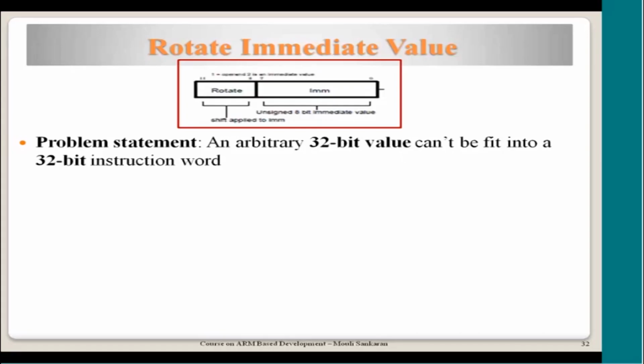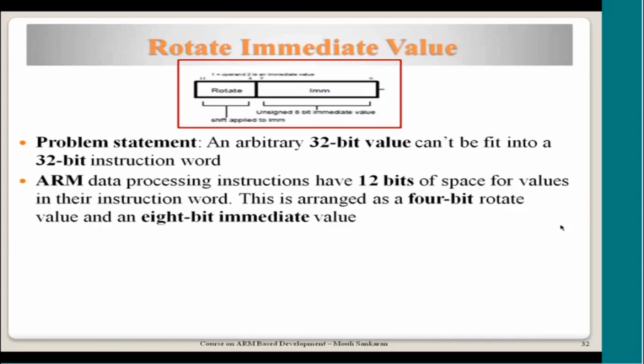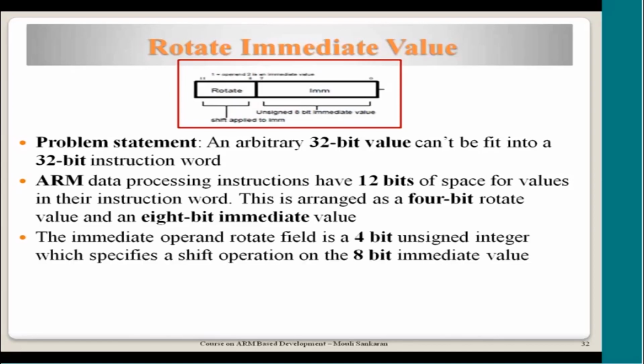So there is a restriction that you can give an 8 bit value and then say some bit rotations, so that some value of 32 bit constant can be copied into a register. Let's see how it can be done. So the instruction allows 12 bits of location, so you use the 8 bit value here as an immediate constant, and then use the 4 bits to give some instruction to the barrel shifter. Hey, you do some operation on this immediate 8 bit value, so that I get the pattern that I want. Okay, so what is that rotate I want?